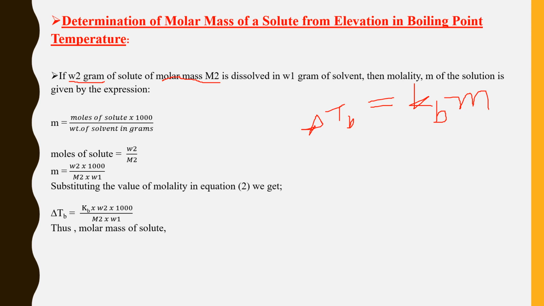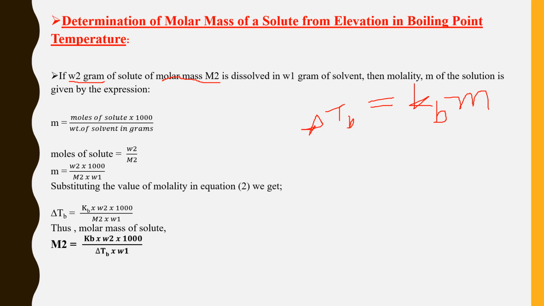Thus the molar mass of solute, that is M2, can be calculated. On rearranging this equation, M2 will be equal to Kb into W2 into 1000 divided by delta Tb into W1. So from this, the value of molar mass can be calculated easily by using the elevation in boiling point, that is delta Tb.